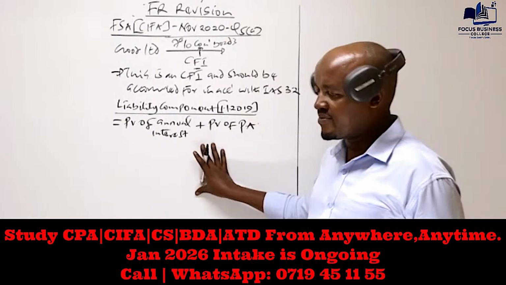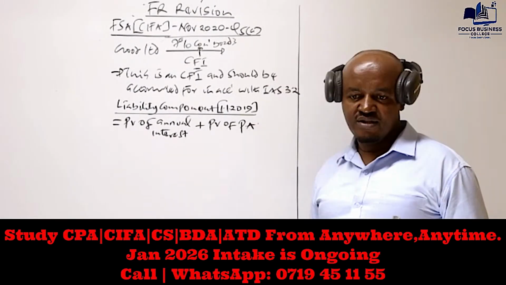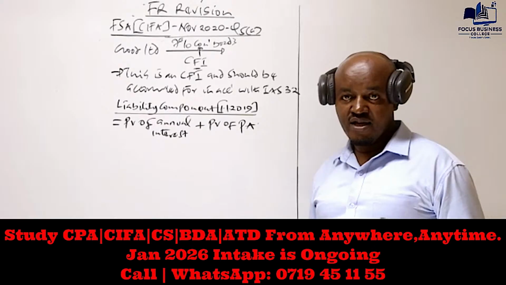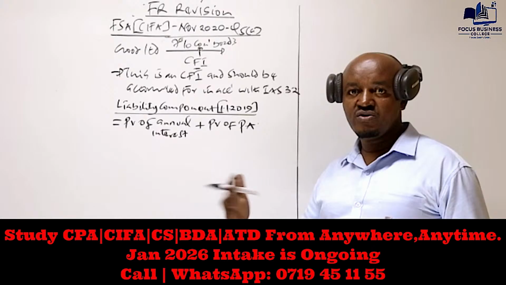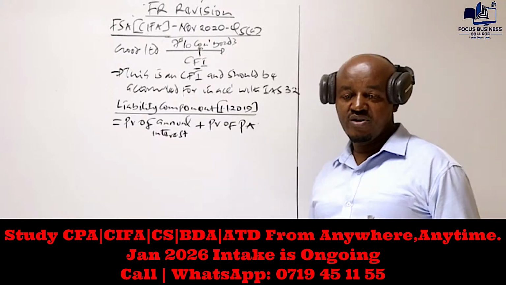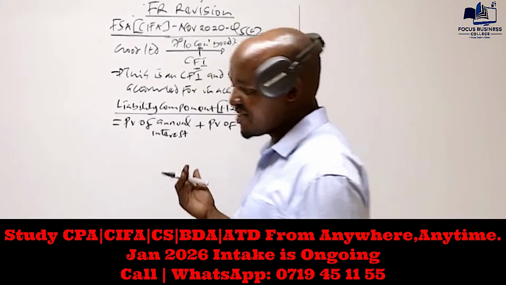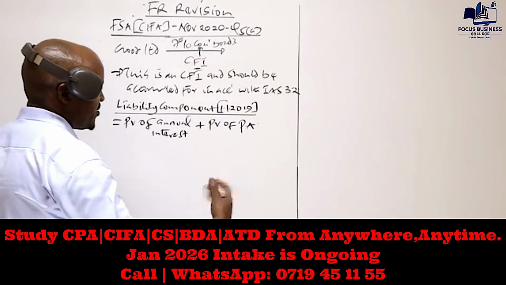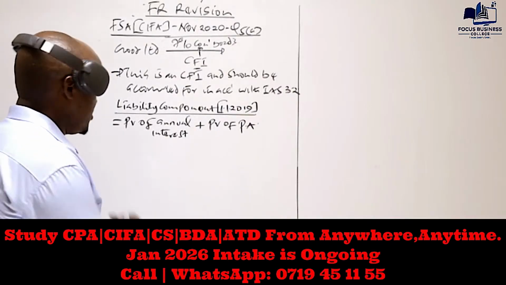You cover a similar concept in FM, for example when computing the value of debentures or other debt instruments. You discount the interest to be paid annually and also the principal amount. There is not much difference with what you do in financial management whenever you are required to compute the value of a debenture or a bond.